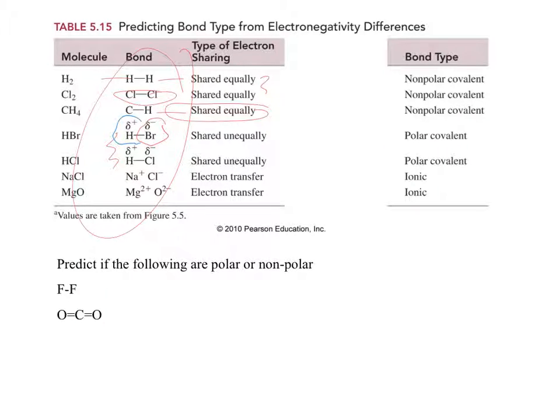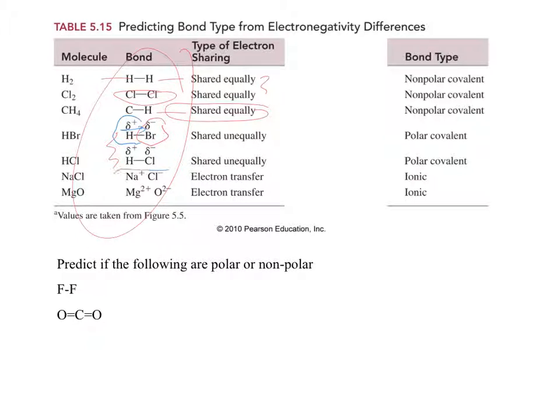He's winning the game of tug-of-war. He's pulling more of the rope to his side, and the rope is made up of negative electrons. So if he has more of the rope, he has more of the electrons, and electrons are negative. He hasn't completely taken all the electrons away. It's just an unequal sharing, and it favors the stronger, the more electronegative element.